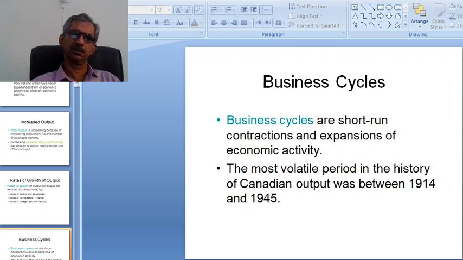Another topic which we will be discussing during the macroeconomic course is the business cycle. The business cycle is the short-run contractions and expansions of economic activity.